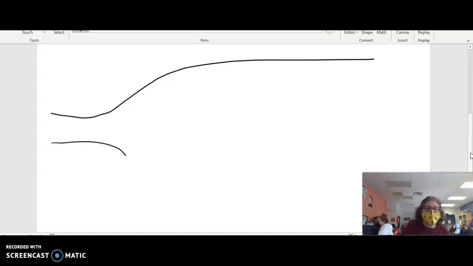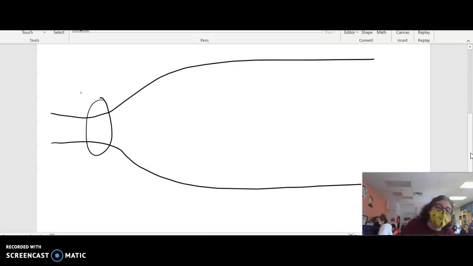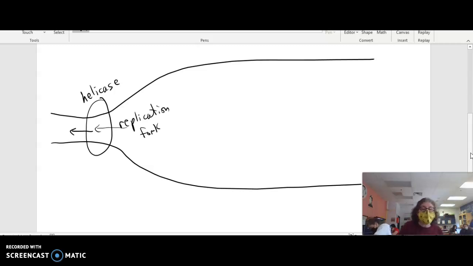So we've got our replication fork, and we have DNA helicases here, and it's unzipping the molecule and going this direction and opening up more and more and more. And this right here is the replication fork. That is moving further this way because the helicase is unzipping it.